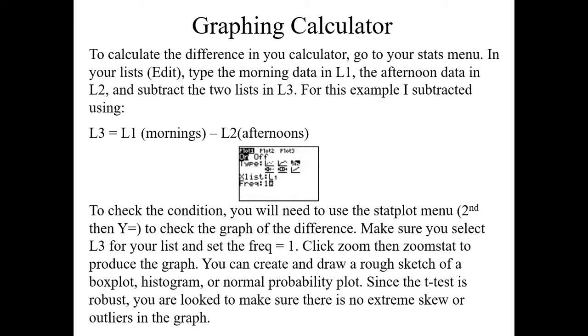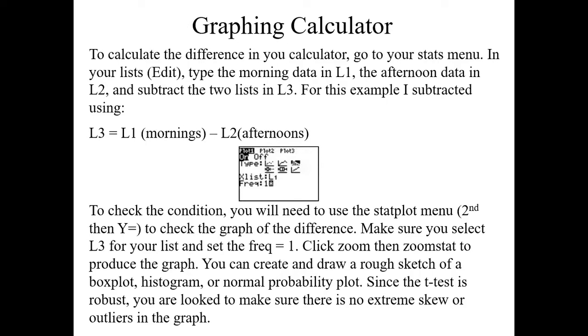Then after that, we know when we're doing inference of quantitative data, we always want to look at the graph when we have small sample sizes like this. In this case, we have a sample size smaller than 30, and we need to make sure there are no outliers or skew before we run our test. After you've typed in your data and found the differences in L3, run a graph for L3, either a histogram or a box plot.